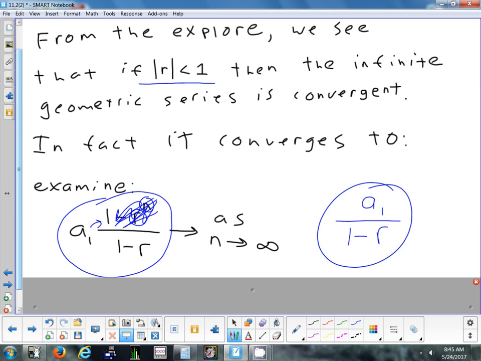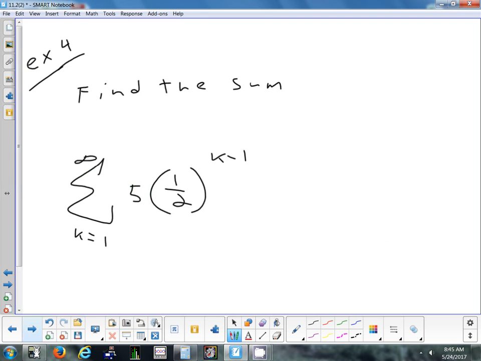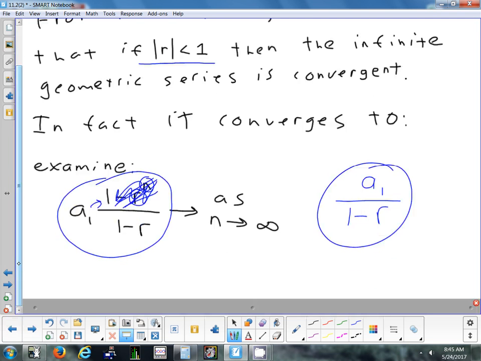So that formula that I just wrote on the right-hand side tells you the sum of an infinite geometric sequence. That's the formula. That's what it would converge to. Now, this formula has no meaning if r is greater than 1 or less than -1.